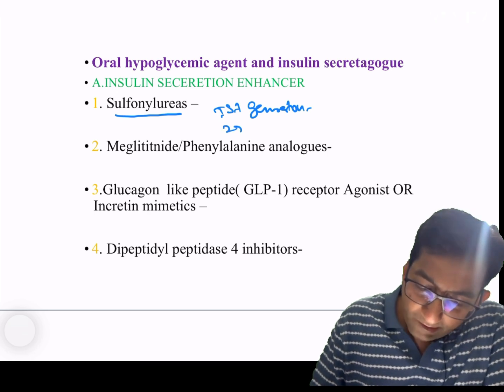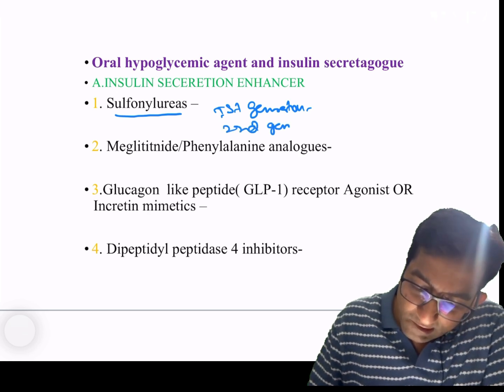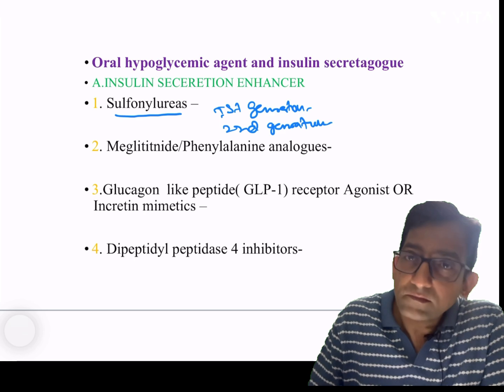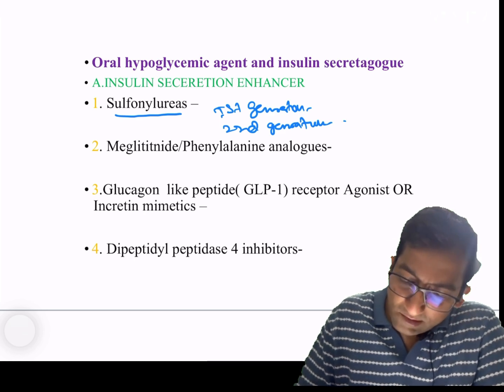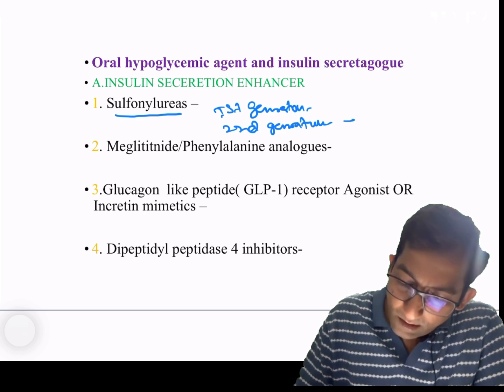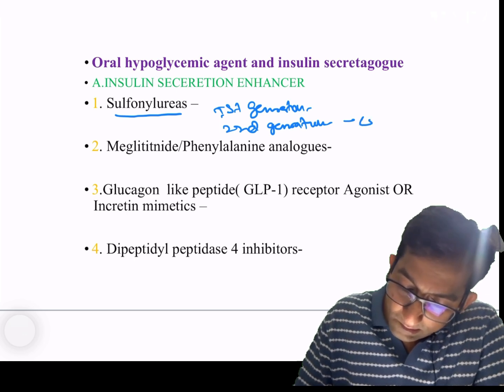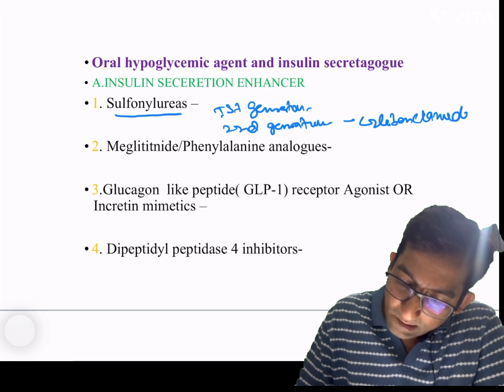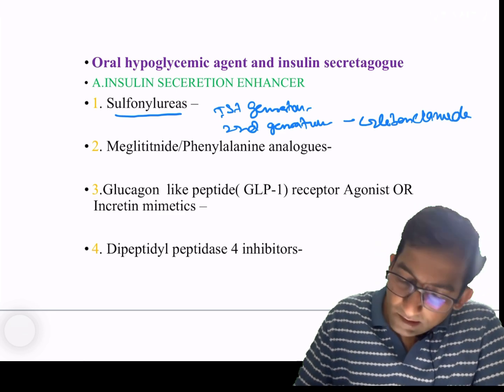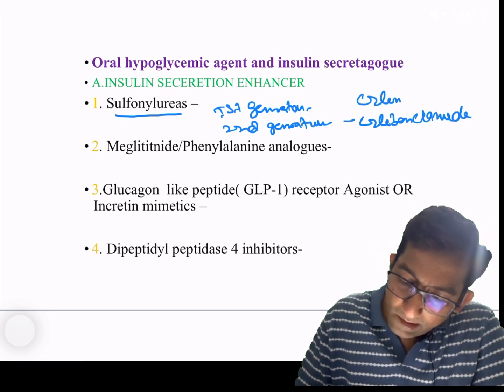Now, examples of second generation sulfonylureas are, first one, glibenclamide. Next one, glimepiride.